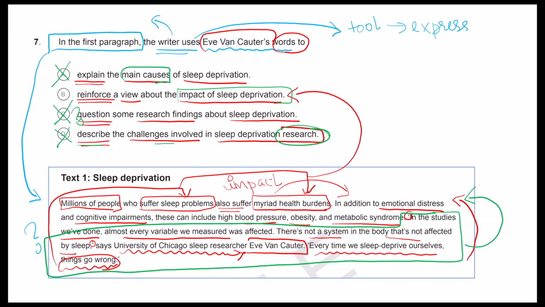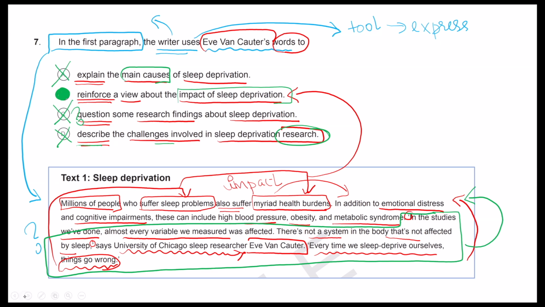So our right answer is option B. Basically, a general statement about what problems people have when they are deprived of sleep is reinforced using Eve Van Cotter's words. Okay, so the right answer option needs to be bubbled.